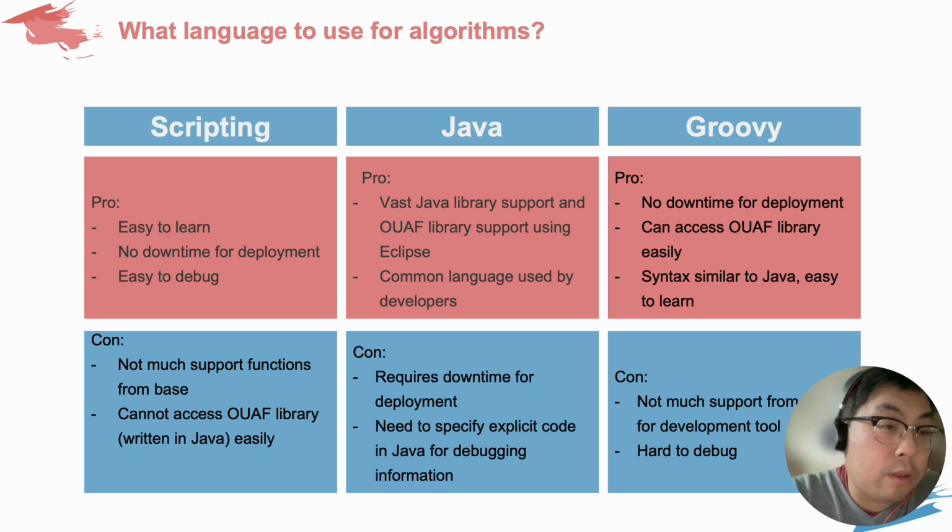But if it's just a small project and needs very quick development, I think it takes a bit longer for you to write script rather than Java. But so far, in my experience, scripting is still the quickest and easiest way for not only development but also deployment and any debugging related functions.